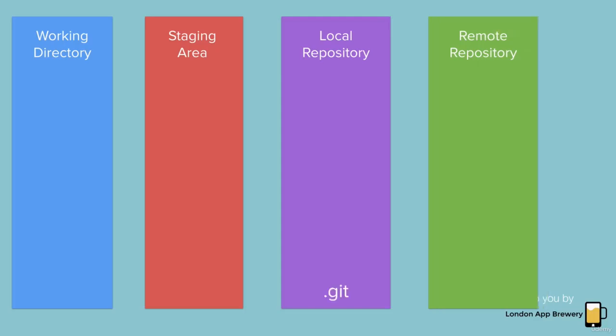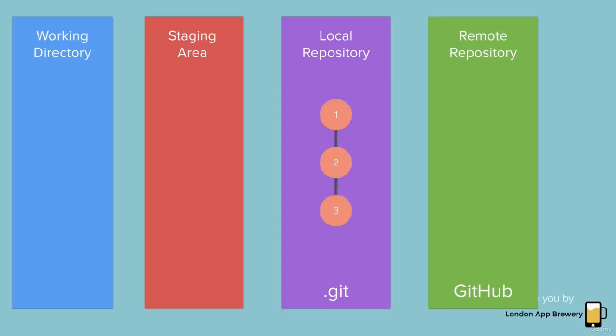So in our case, the local repository is the Git directory that we've got inside our story directory, and the remote repository is GitHub, which hosts our code and also hosts all of the changes that were made in between the different commits.